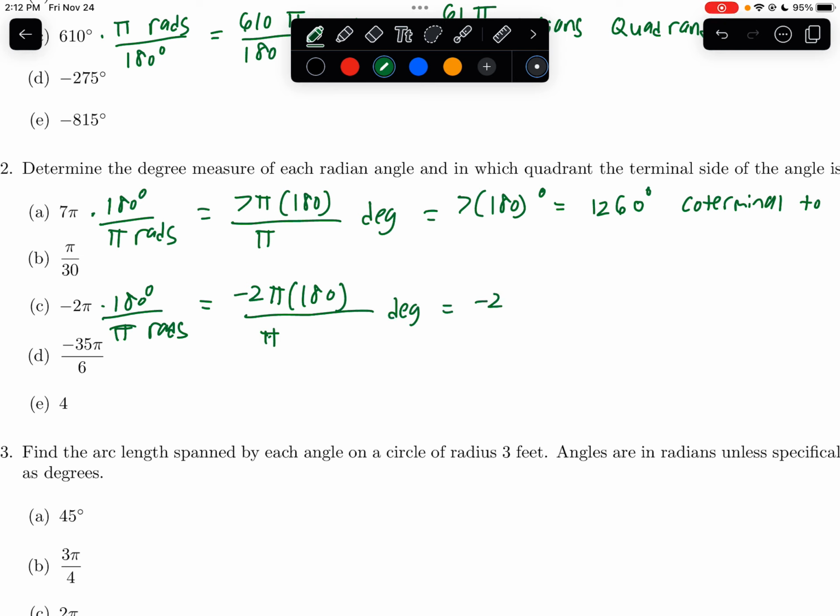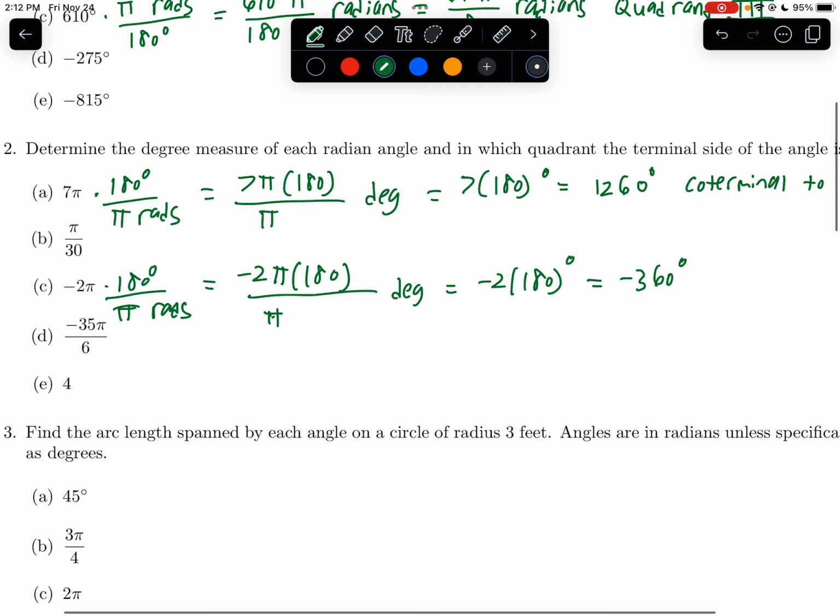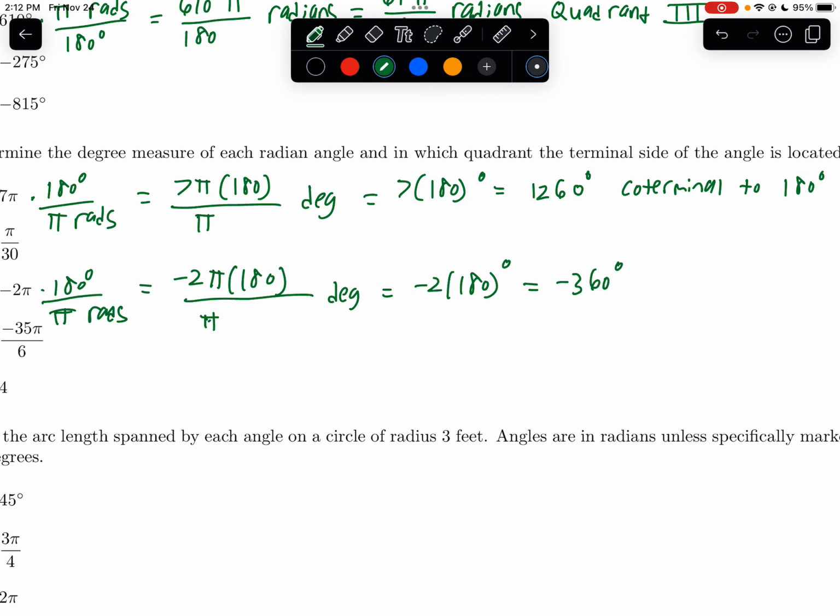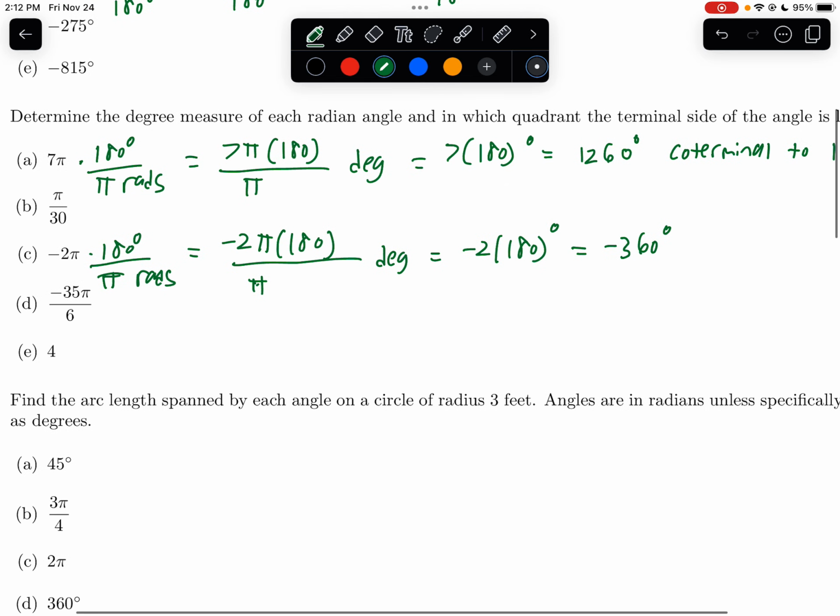So this is negative 2 times 180 because pi cancels out, and this is negative 360 degrees. You could have done this perhaps by just knowing that 2 pi is 360, so negative 2 pi is negative 360. But either way, this is on the positive x-axis, so it's coterminal to 0.